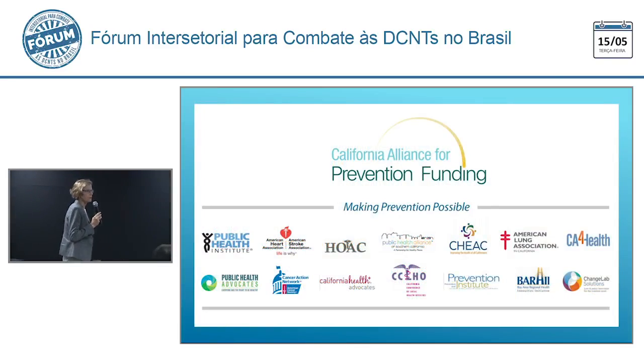About 3 or 4 years ago, a group of professionals throughout the state of California, from the public sector, the private sector, and the nonprofit sector, got together to develop a strategic plan for the state of California to address chronic disease. One of the #1 priorities that emerged from those meetings was the need for sustained, dedicated funding for chronic disease prevention.